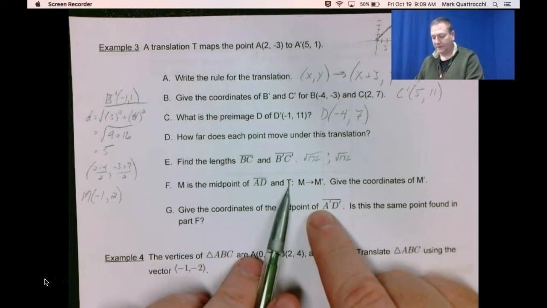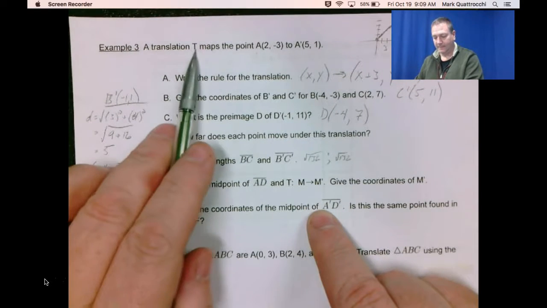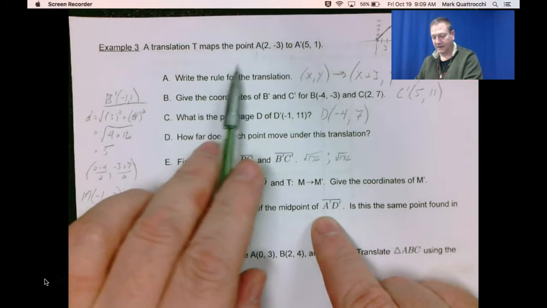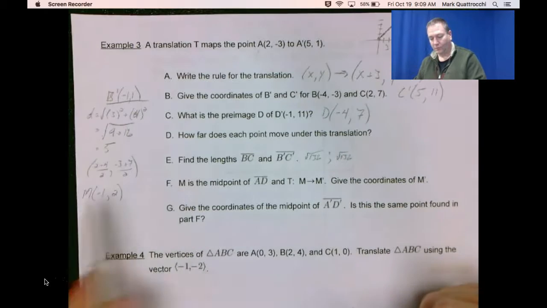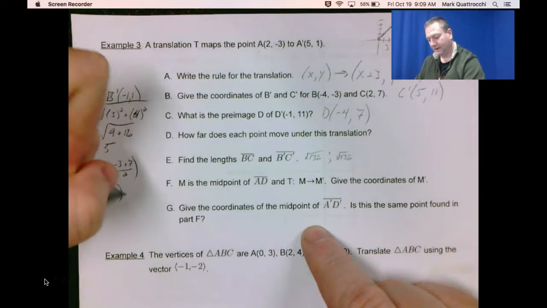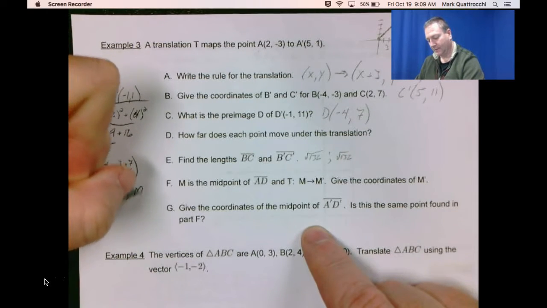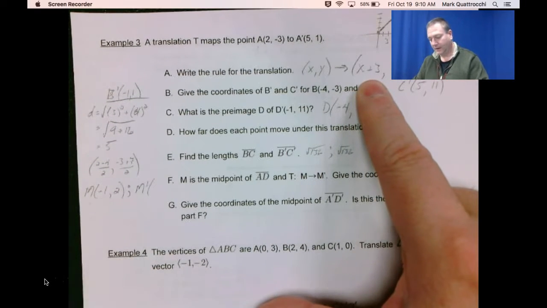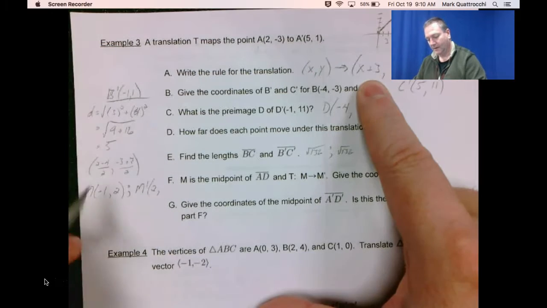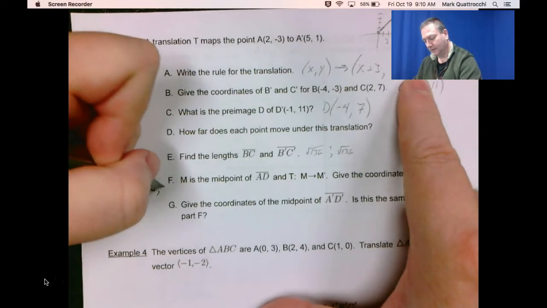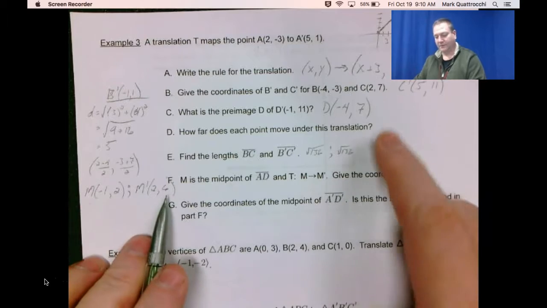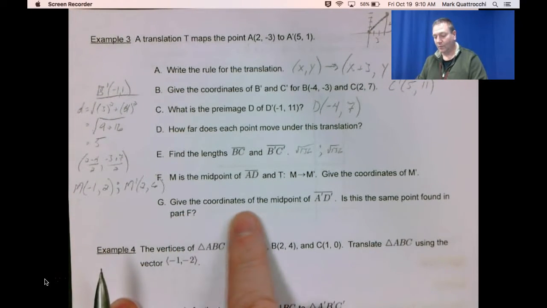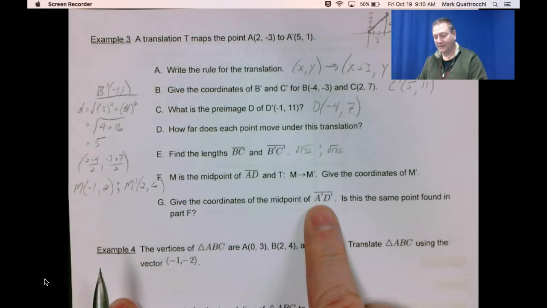Now, we're going to take translation T, which maps M to M prime. So we're going to apply this rule to this point to find coordinates of M prime. So negative 1 plus 3 is 2, and 2 plus 4 is 6. So M prime's coordinates are 2, 6. Now, give the coordinates of the midpoint of A prime, D prime.